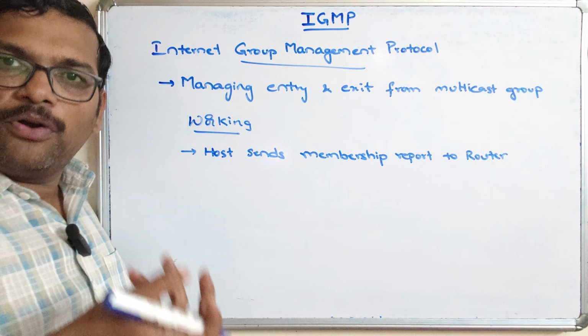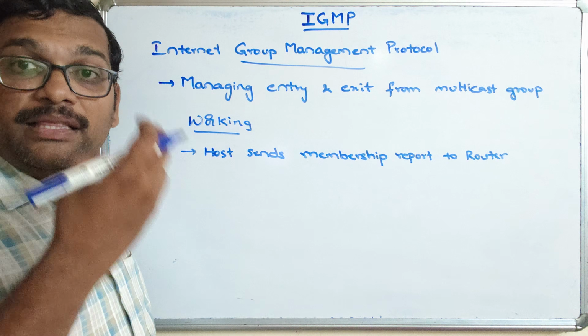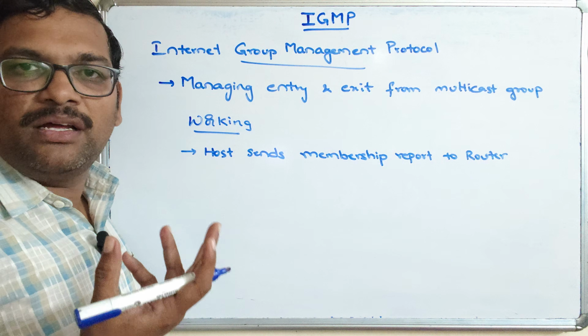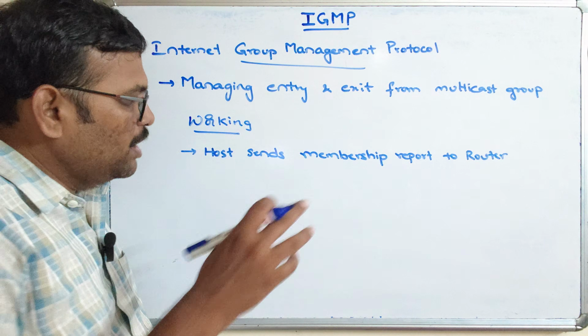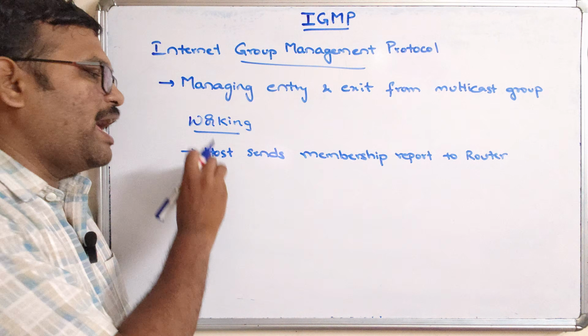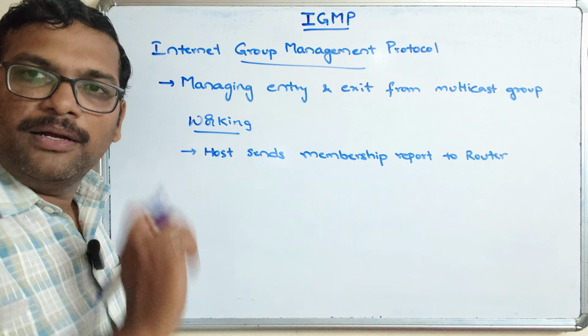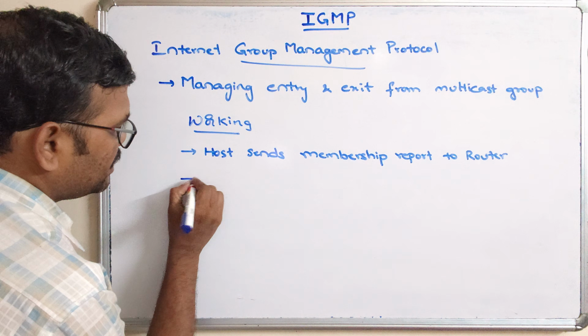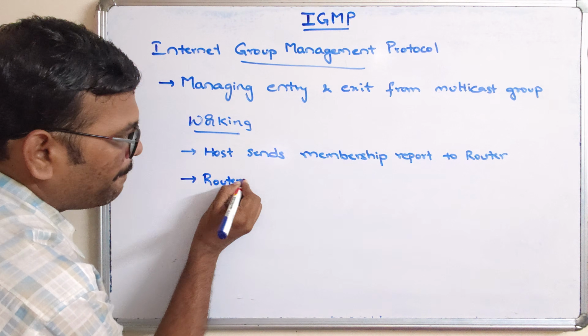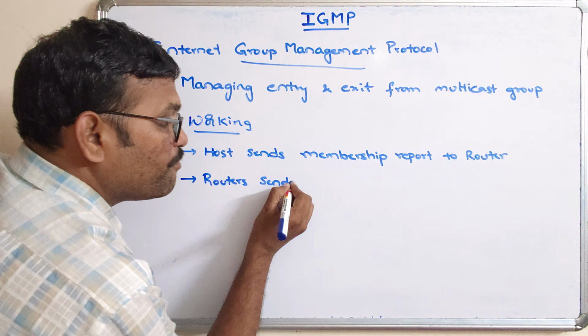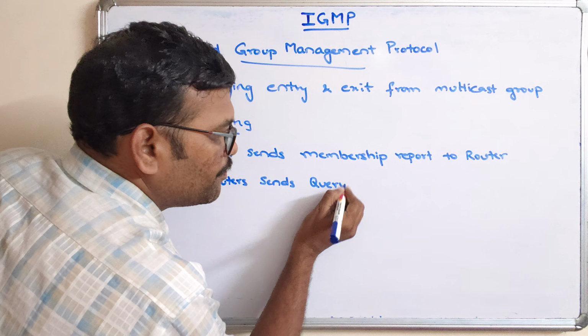This membership report means the host is ready to receive the messages sent in some multicast group. So the router immediately adds this host to the multicast group. Next, the router sends a query message.